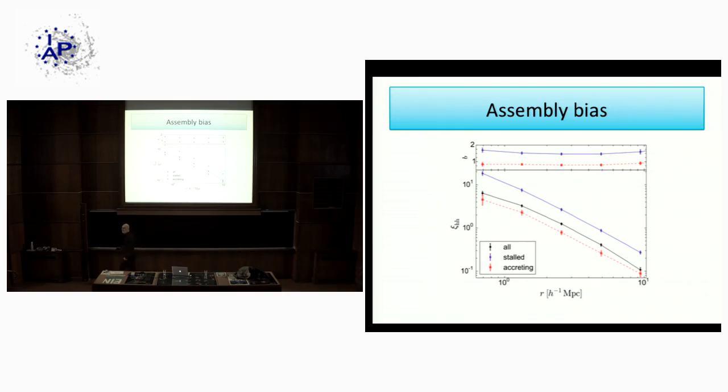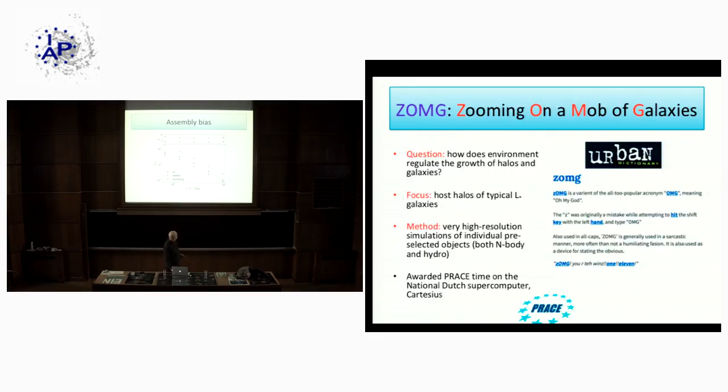It is one of the properties that gives the largest separation between the older 20% and the younger 20%. And with this, we came up with what we call the ZOMC project. We study how the environment regulates the growth of halos and galaxies.